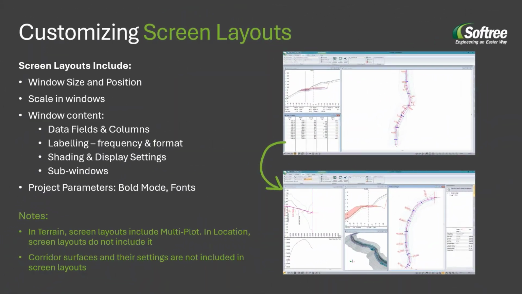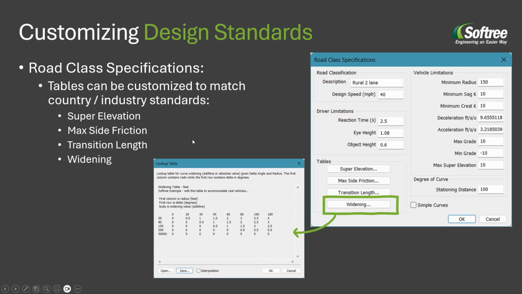Perfect. Okay, so we just talked about screen layouts. Our next topic is about design standards. So now we're going to kind of stick and stay in the location module and talk a little bit about design standards. And these are really your road class specifications. So there's a whole bunch of different details in the road class specifications that you can customize, but there's also 4 different tables that you can customize.